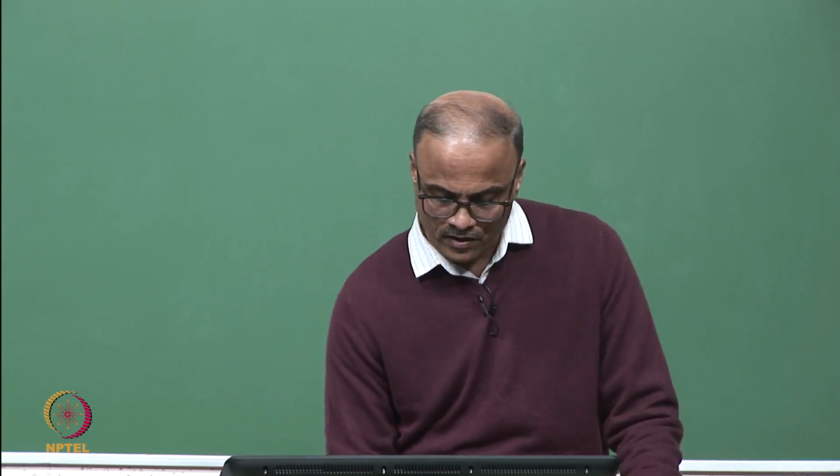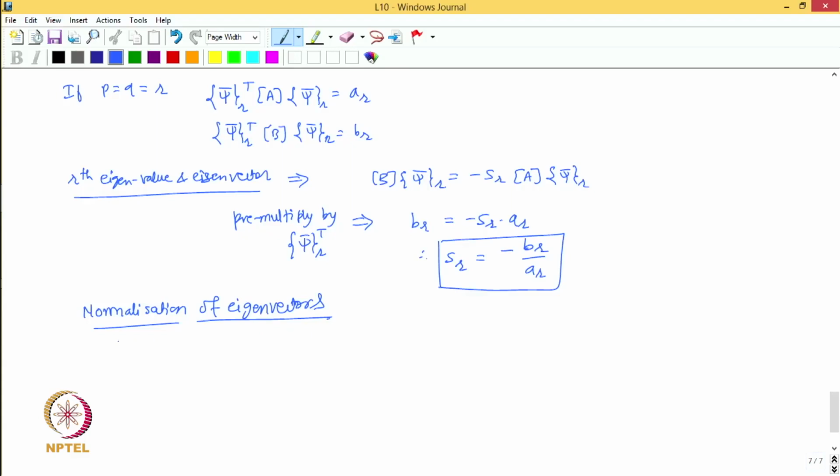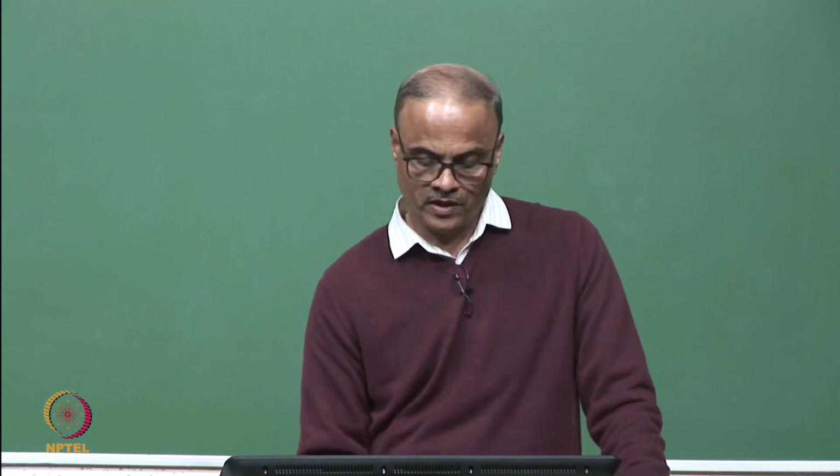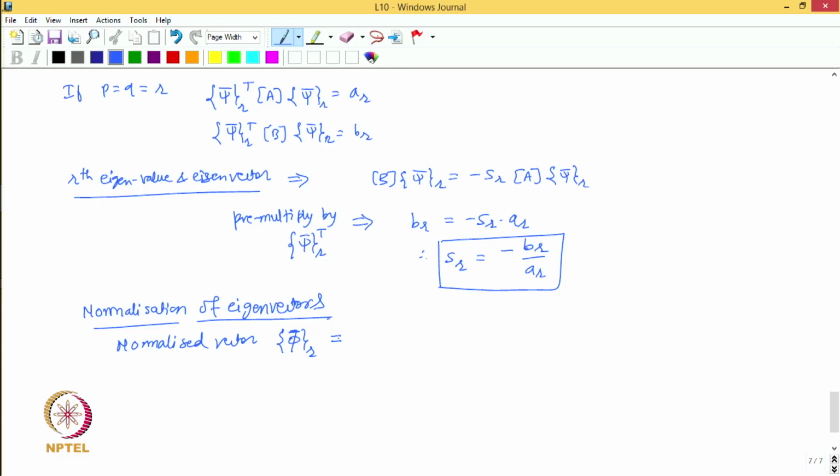So, let us say the normalized vector is say phi bar R. Whenever we put bar over the eigenvector, it represents the eigenvector in state space.